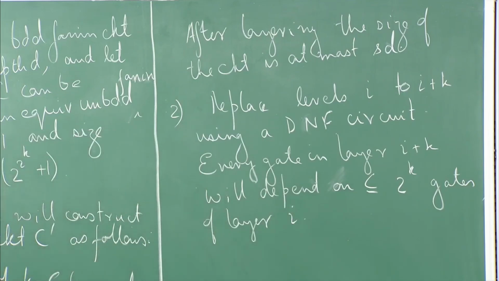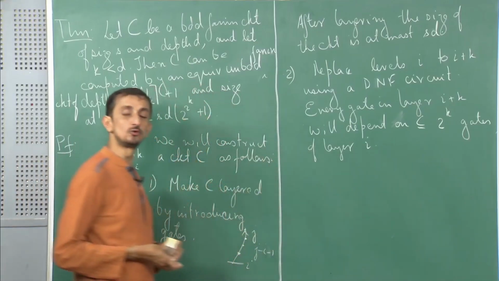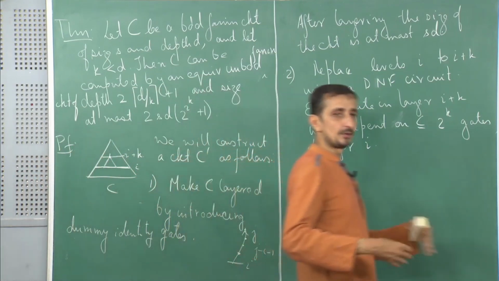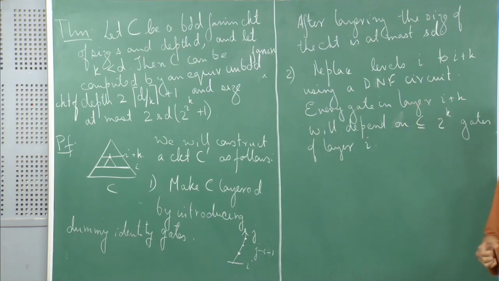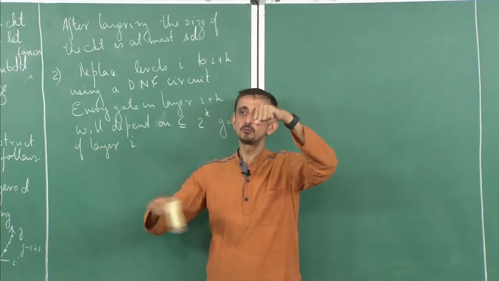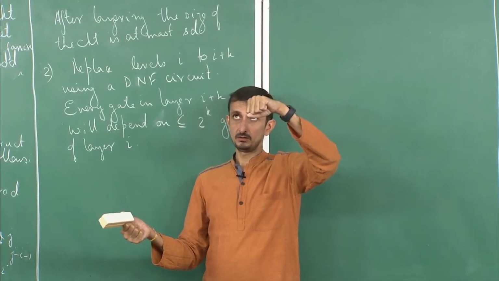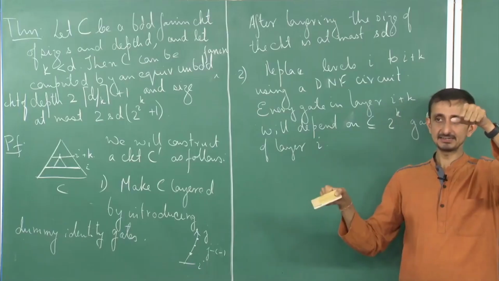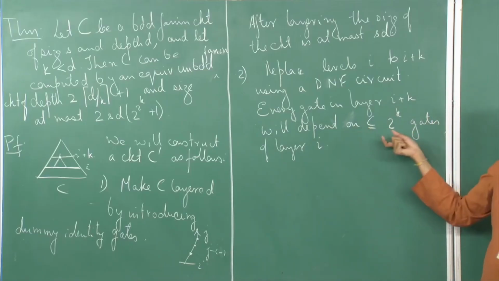So, essentially you can think of it as a truth table which has 2 to the power k inputs. And now the size of this truth table will be 2 to the power k. Okay. So, if I am doing a DNF, I have an OR gate at the top. This OR gate is basically a combination of 2 to the power k many AND gates, and each AND gate can have at most 2 to the power k variables from this layer.